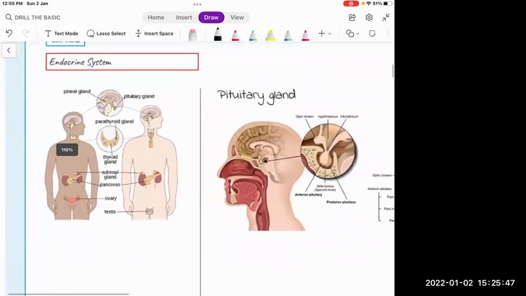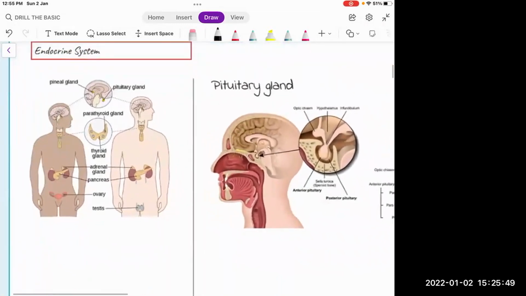So the endocrine system, as the name says, releases endocrine hormones. Endocrine hormones are different from exocrine chemicals. Endocrine hormones are also chemicals, but they are produced in specific glands, and those glands release those hormones, and these hormones reach the target cells.